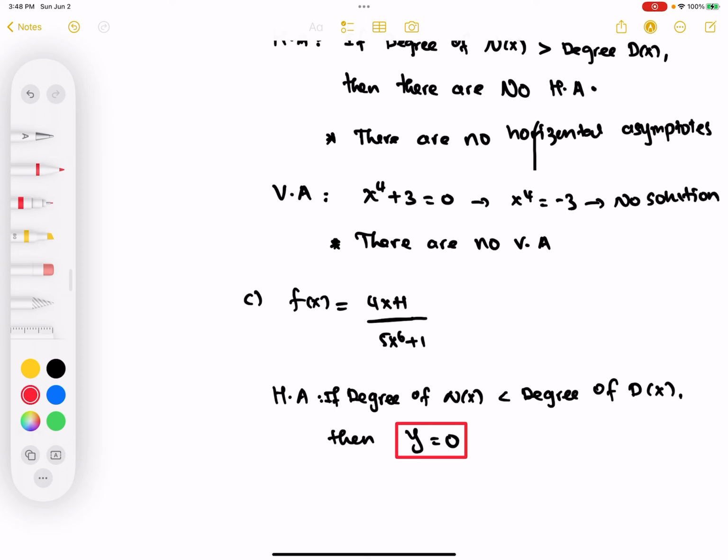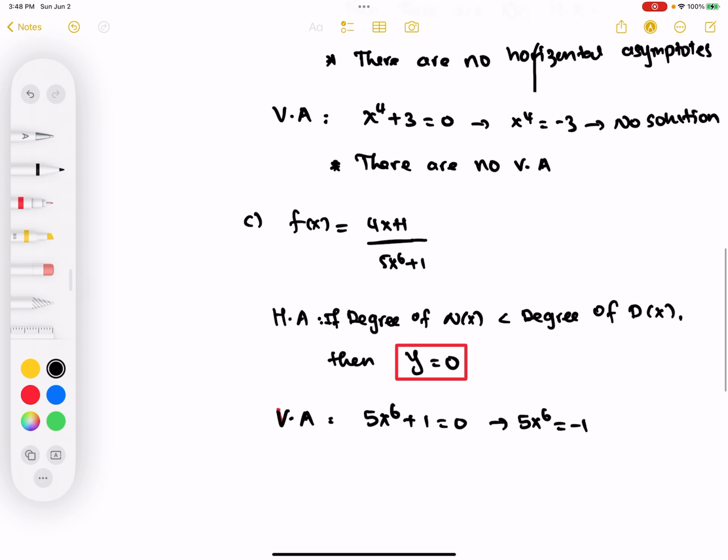And vertical asymptote, VA, 5x to the 6 plus 1 is equal to 0. This is 5x to the 6 equals negative 1. Again, no real solution for this function.